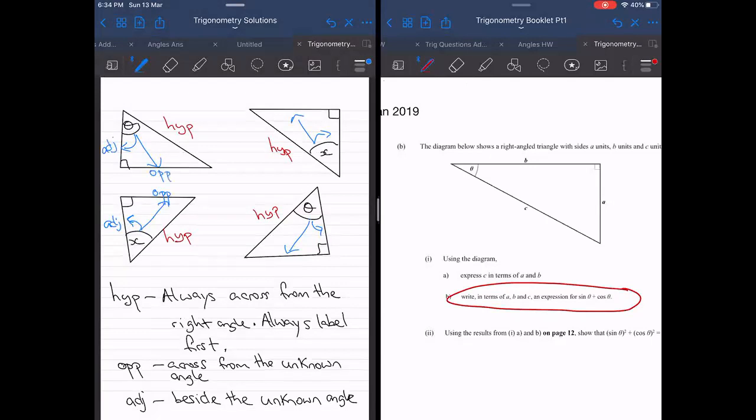This is closer, so this is the adjacent, this is the opposite. So what we're looking at is how to identify which one is opposite, which is hypotenuse, which is adjacent. Extremely important, because if you don't label this correctly, then you're going to use the wrong ratio. So it's extremely important that you know how to label the sides.